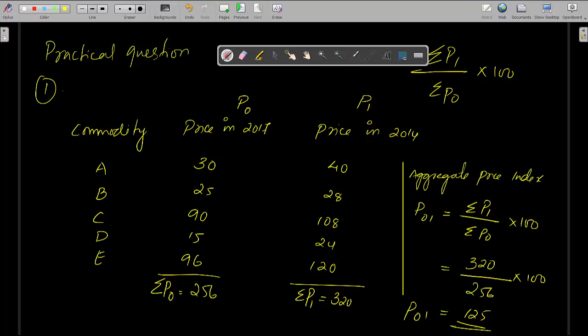So here the commodities are given, and prices of 2006 and 2014 are given. But it is not mentioned which year to use as the base year. If the question does not mention the base year, we should always go for the earlier one. So we will take 2006 as the base year. All right, let's solve question number 2 now.